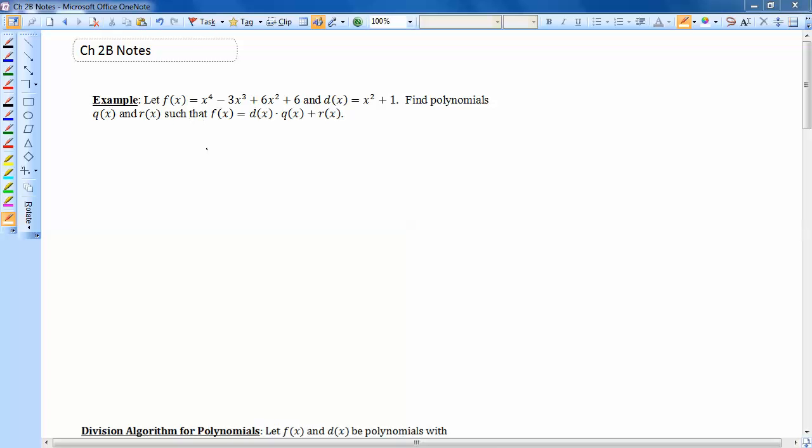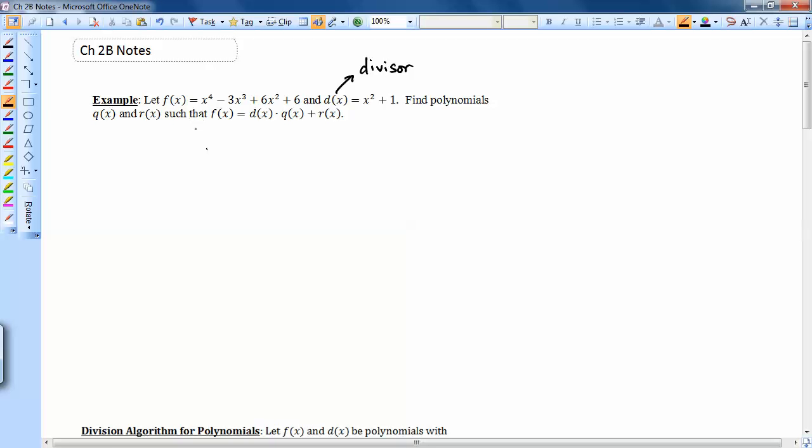So this first example that I'm going to do will lead to the division algorithm at the bottom of the page. It looks like a weird example, but really it boils down to a division problem. I give you an f, I give you a d, and by the way, d here stands for divisor. You'll see this in a lot of the textbook problems.